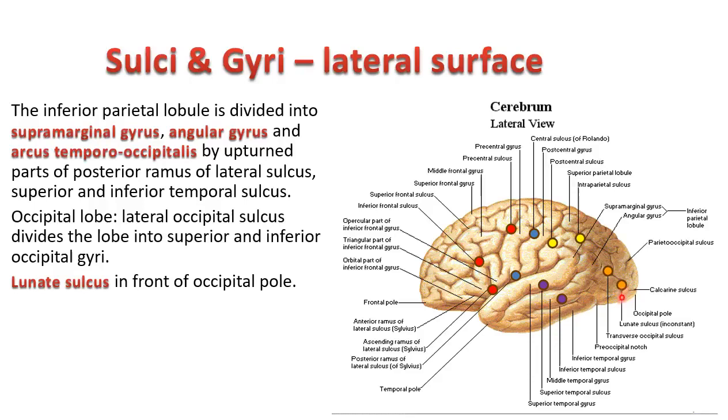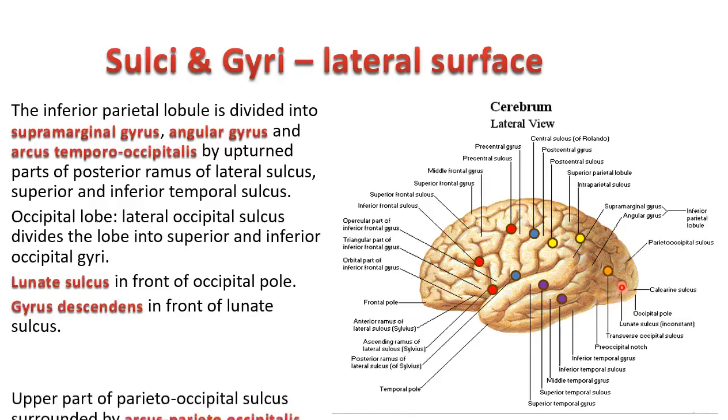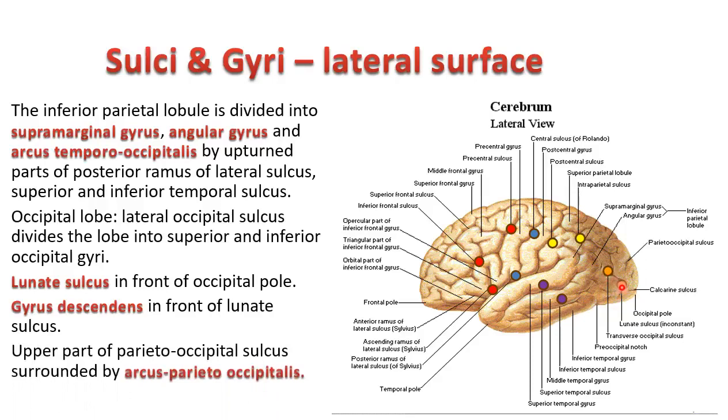Here you see the upper part of the parieto-occipital sulcus, and in front of the lunate sulcus is the gyri descendens.